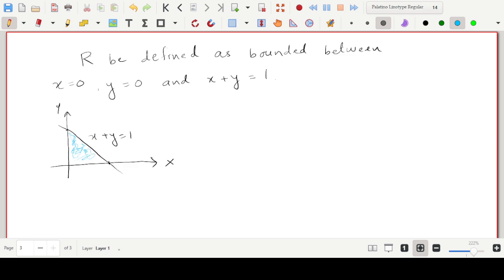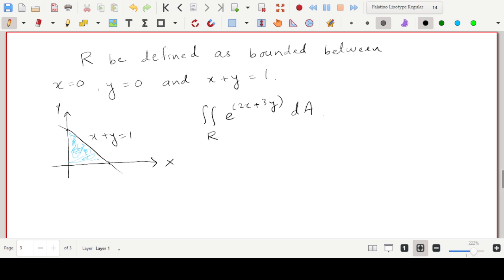Which function do we want to integrate? f of x y. So we want to compute the integral of e to the power 2x plus 3y over R, dA.